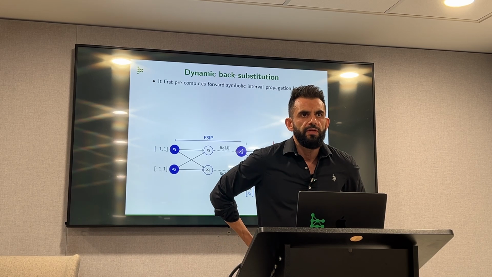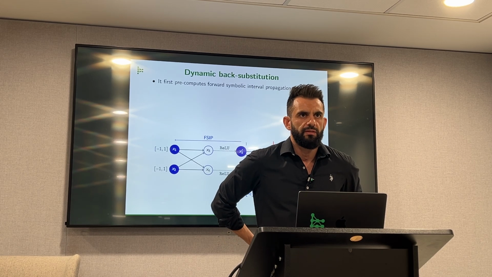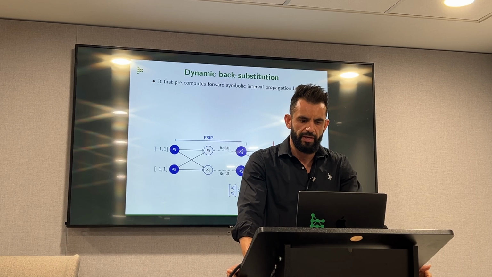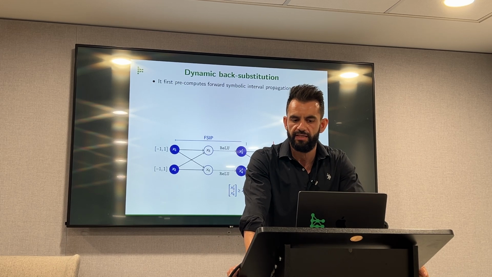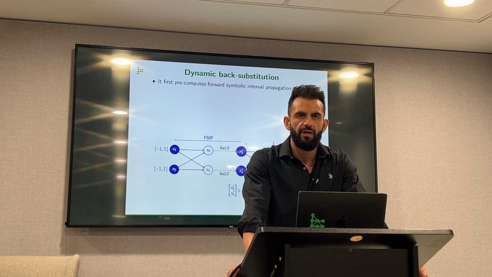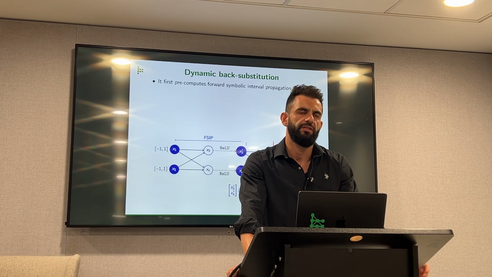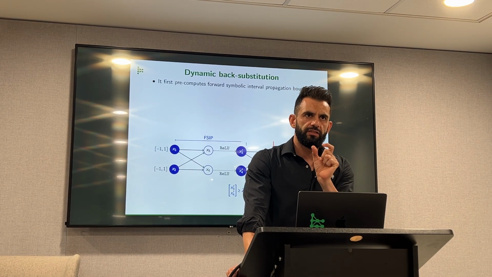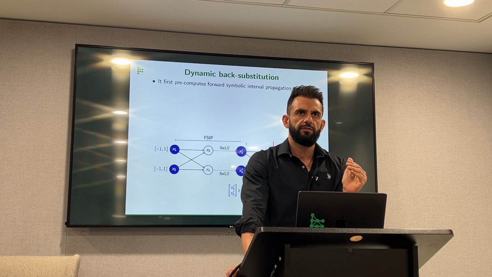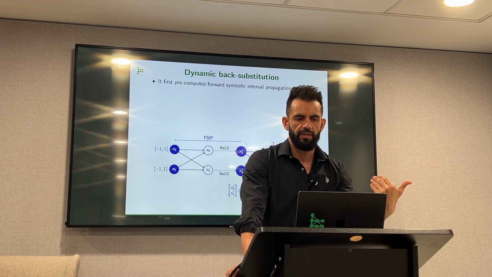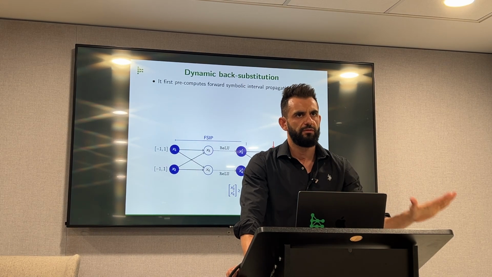In this method, we begin in a similar manner by using symbolic interval propagation to determine the unstable nodes. And then we initiate the back substitution process. Now remember that at each step of the process, as we go backwards, we have backward symbolic equations over variables of a previous layer.